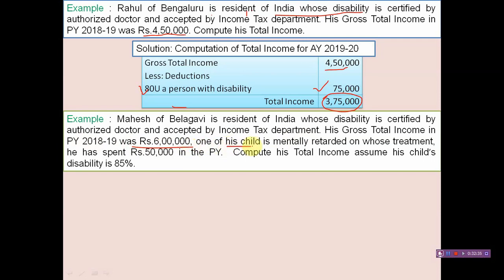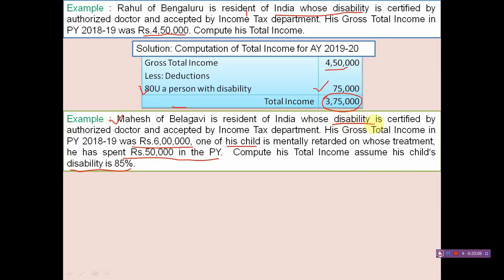One of his children is mentally retarded, on whose treatment he has spent rupees 50,000 in the previous year. Compute the total income. Assume his child's disability is 85%.